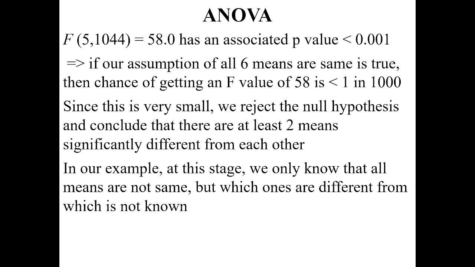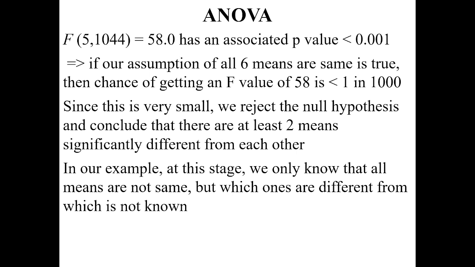So you reject the null hypothesis and conclude that there are at least 2 means significantly different from each other, or there is at least one mean which is different from the rest. Both cannot be the same.